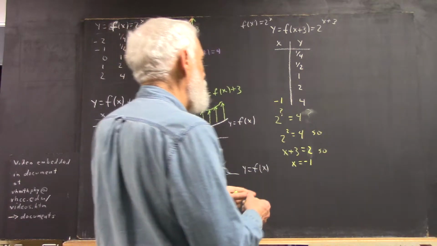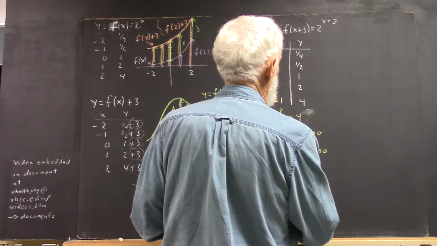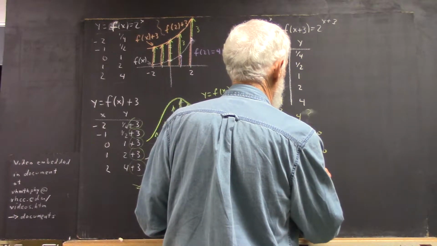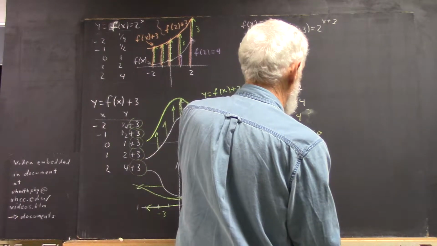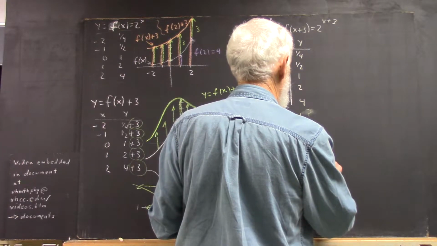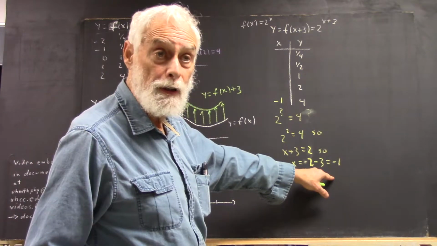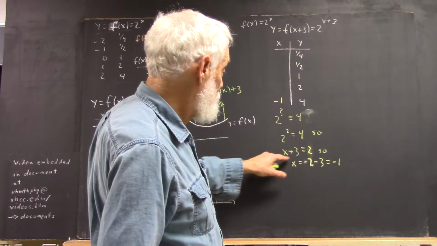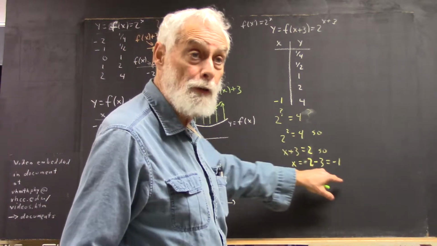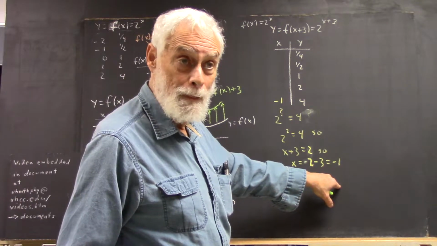And actually, I'm going to write this out just a little differently to make another thing as clear as possible. X equals 2 minus 3, which is negative 1, right? I mean, that's a solution to x plus 3 equals 2. You subtract 3 from both sides. Okay?